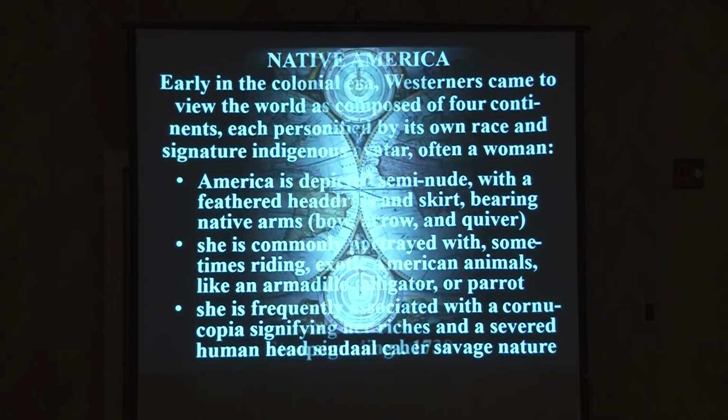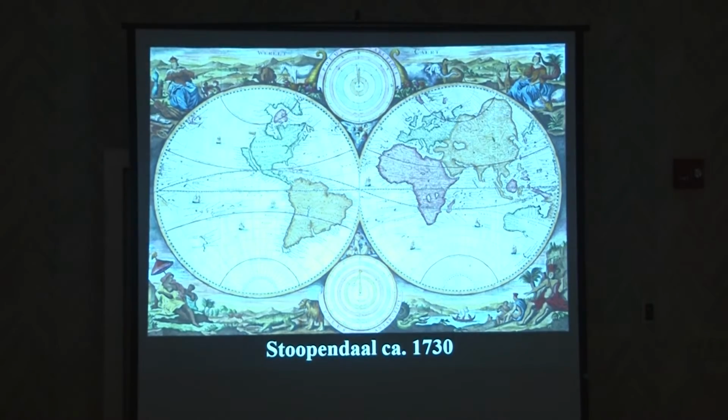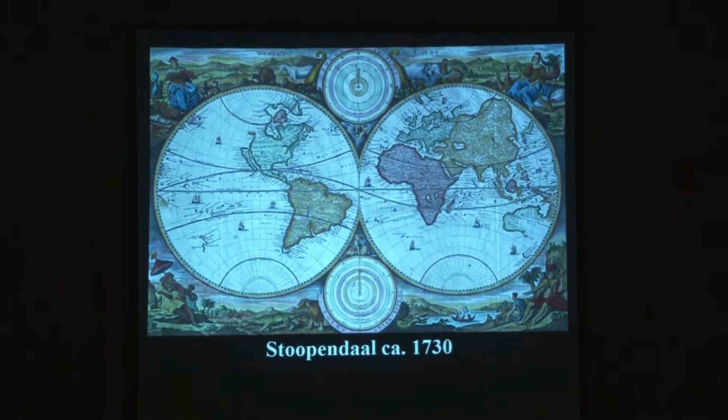Let's explore this foundation imagery. And the best place to start is with maps, because maps show us both the quadripartite dividing of the world and the imagery associated with it. This is a Stupendal map from 1730. It shows us the Americas as having their own hemisphere, and the Old World is being divided into Europe, Asia, and Africa.